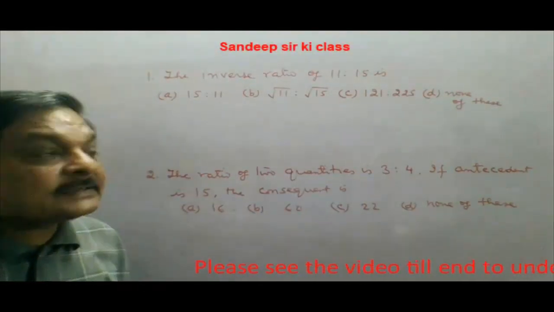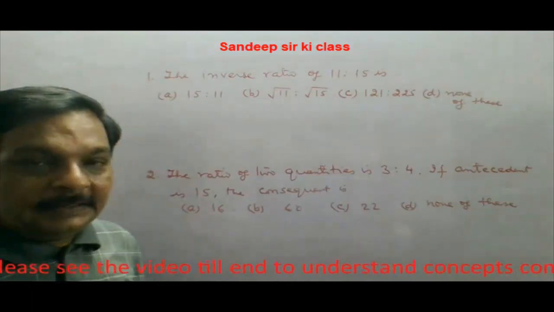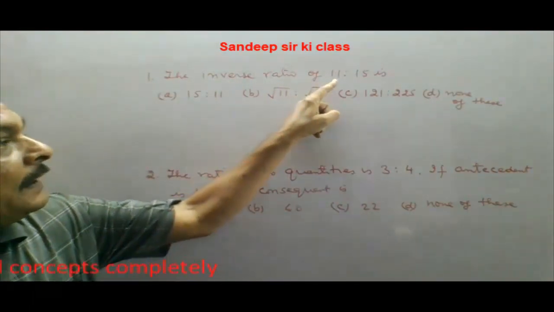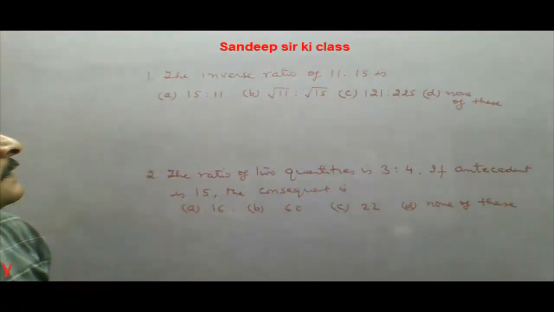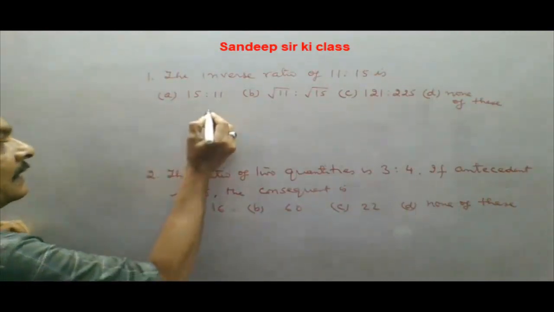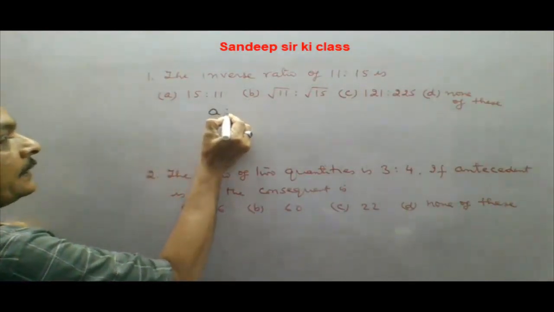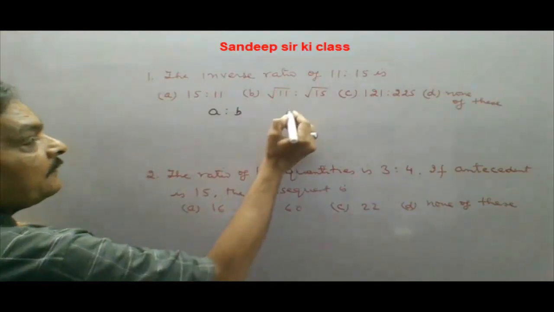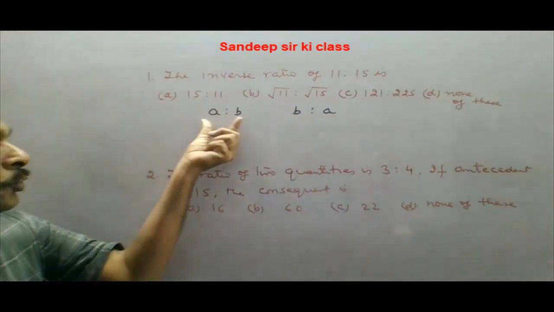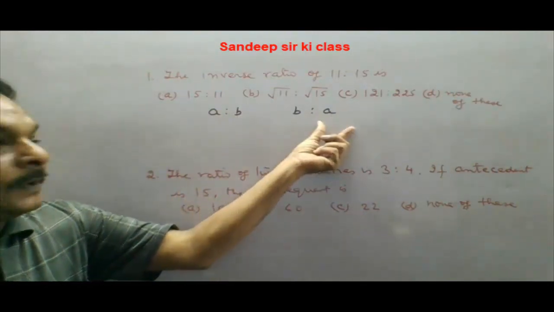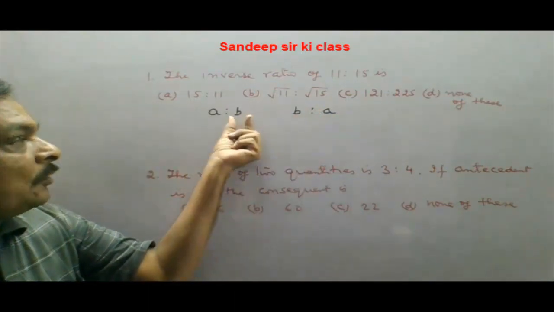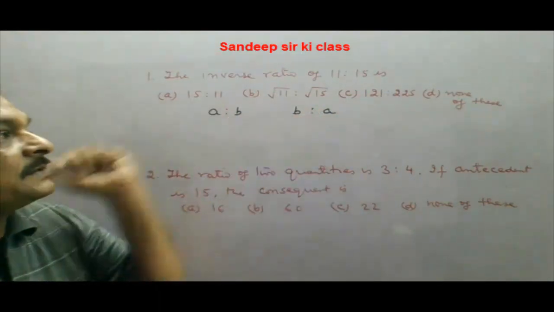Now, let us start with exercise 1A. First question is, the inverse ratio of 11 is to 15 is, and these are the options given. Now, we know that if the ratio is A is to B, the inverse ratio is B is to A. What we write first will become later, and what we write later will become first.